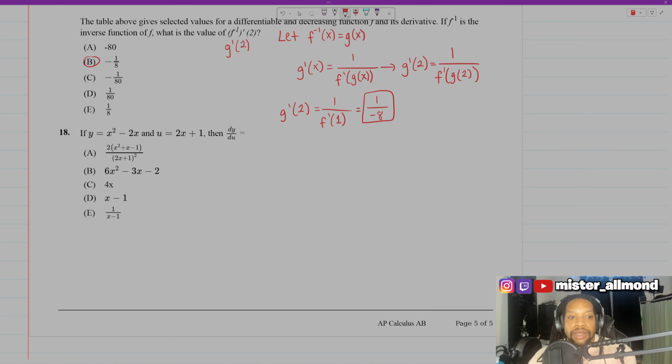So I'm going to derive y, but I'm going to do it with respect to u. So the derivative of y with respect to u is dy du. But when I derive x squared, it's not just 2x. Because since I'm deriving with respect to u, that means x is like an OG. So I got to multiply by its derivative with respect to u, which is going to be dx du.